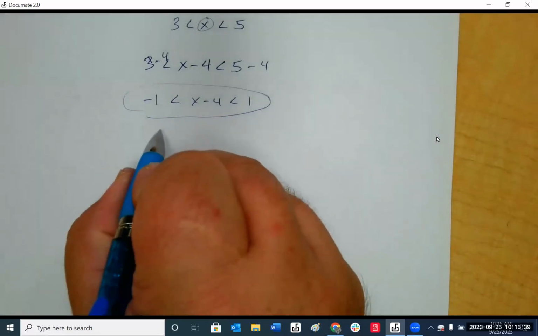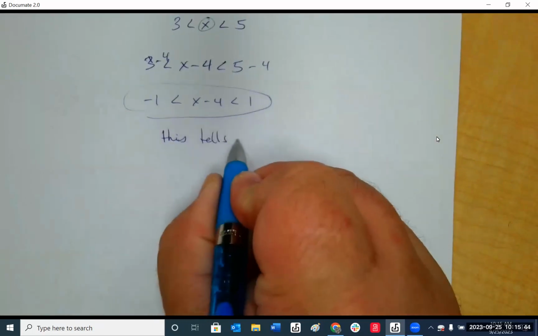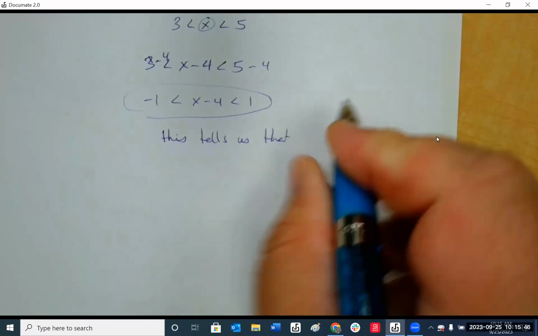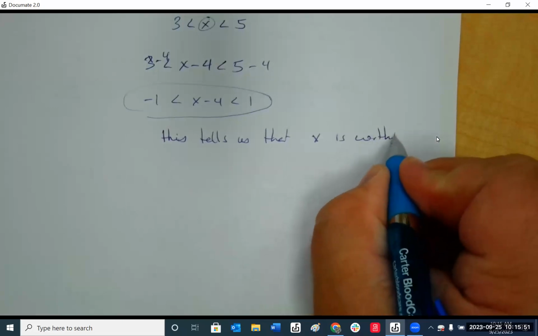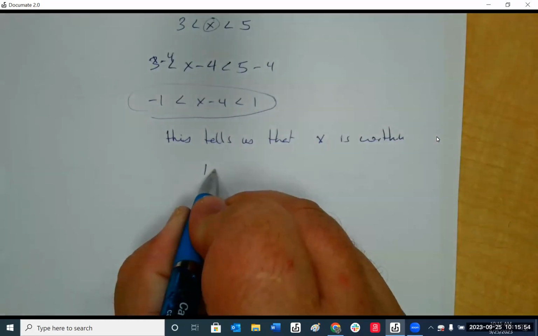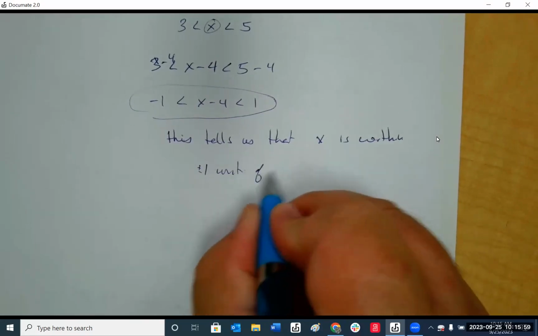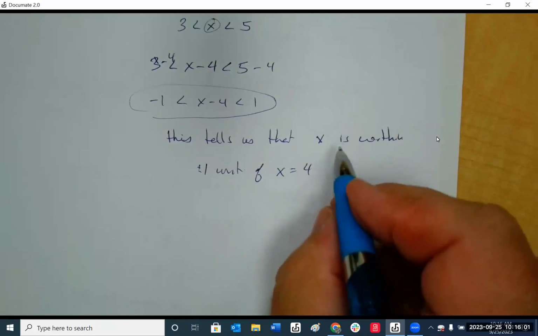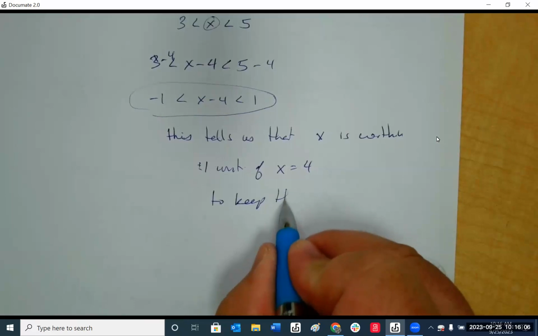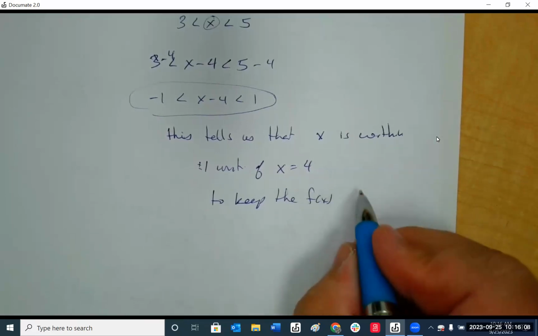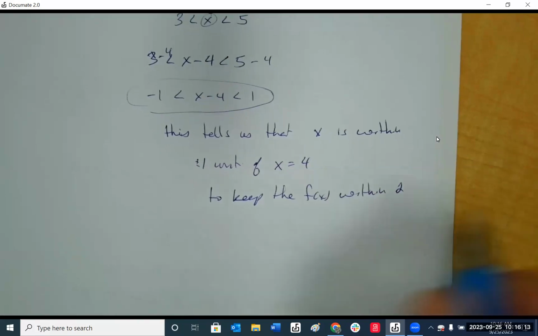So this tells us that x is within 1 unit, plus or minus 1 unit, of x equals 4 to keep the function within the 2 units we looked at earlier.